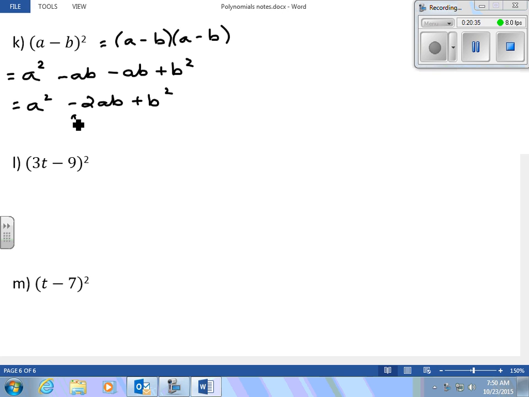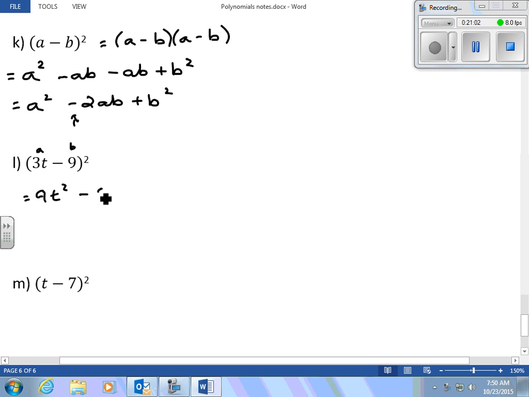So now in example L, let's follow that pattern. And again, pressing pause and trying it on your own first is a great idea here. So I'm going to square my a, so that will give me 9t squared, and then minus 2ab. So a times b is 9 times 3t is 27t, times 2 is 54.